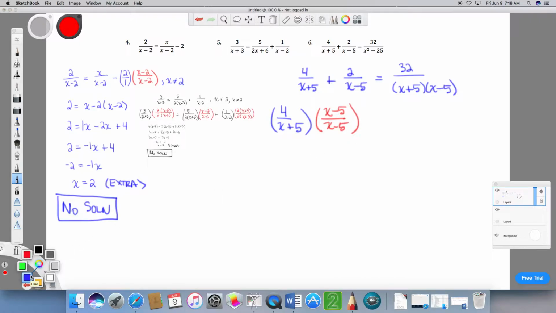The same idea applies in the second term. We're missing a factor of x plus 5, so we multiply this by the number 1, but we write 1 as x plus 5 over x plus 5. On the right-hand side, we have the denominator that we need, so we don't do anything to it.